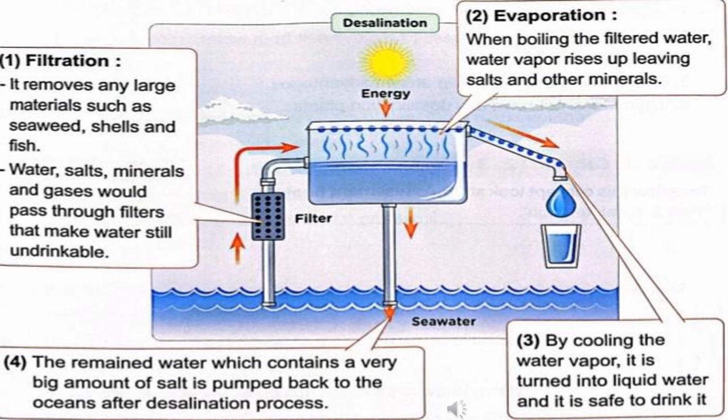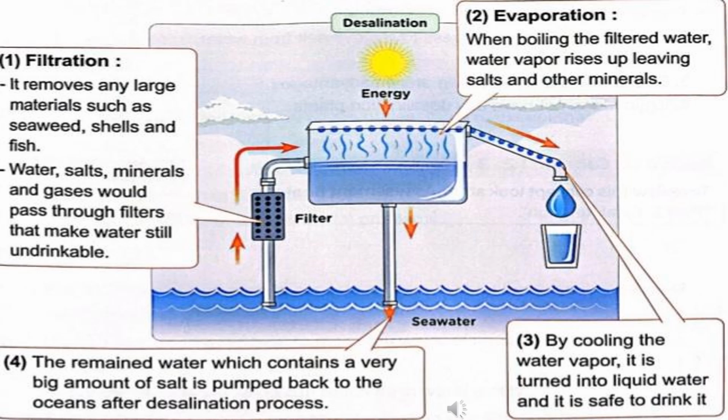The desalination process involves many steps. 1. Filtration. It removes any large materials, such as seaweed, shells, and fish. But water, salts, minerals, and gases would pass through filters that make water still undrinkable. 2. Evaporation.